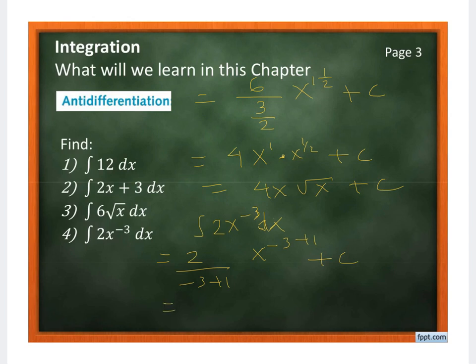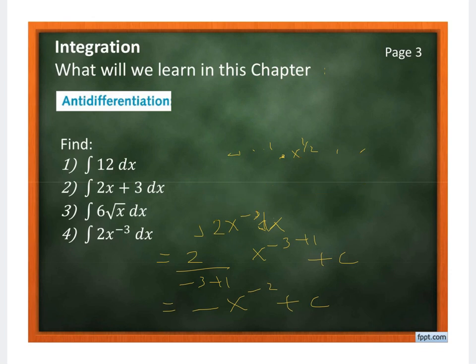So negative 3 plus 1 is negative 2. 2 over negative 2 is negative 1, x to the negative 3 plus 1, negative 2, plus c. Or I can write it like this: equals negative 1 times 1 over x squared plus c. So that is number 4.